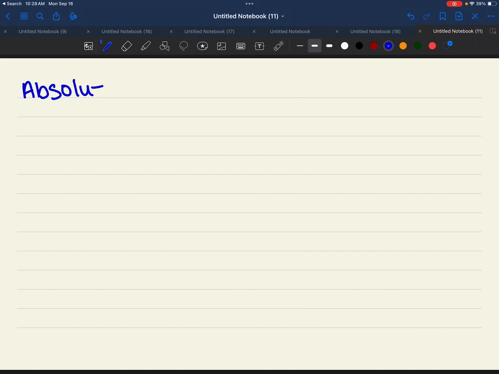Can anyone tell me, when you see the words absolute value, what that means? Or anything you know about absolute value? Positive numbers. True. When you take the absolute value, you do get positive numbers. But can anyone tell me why?